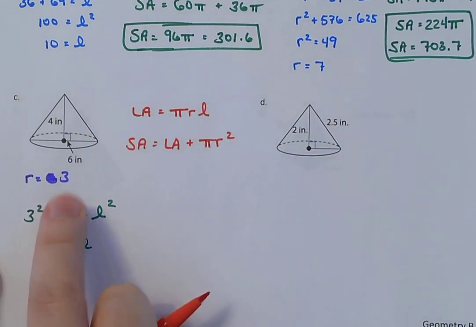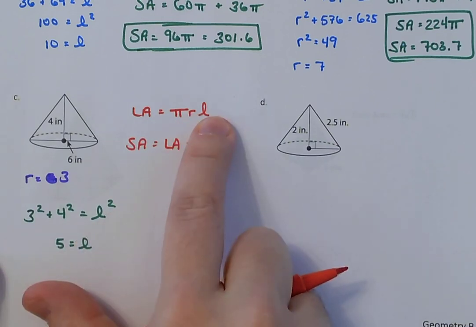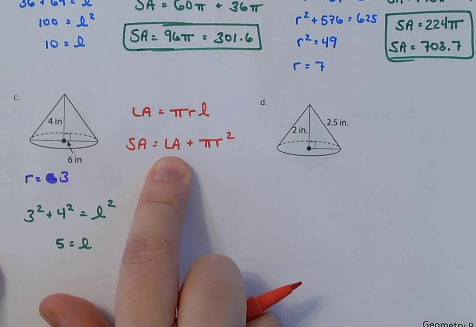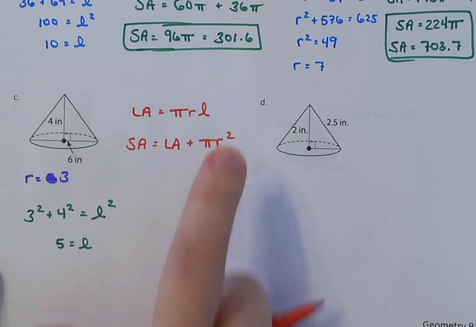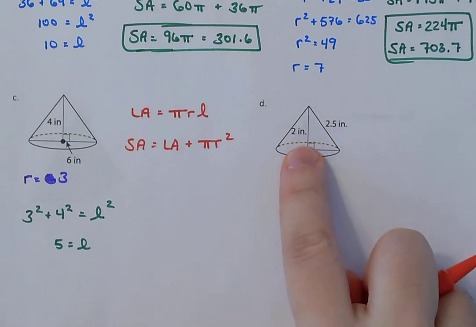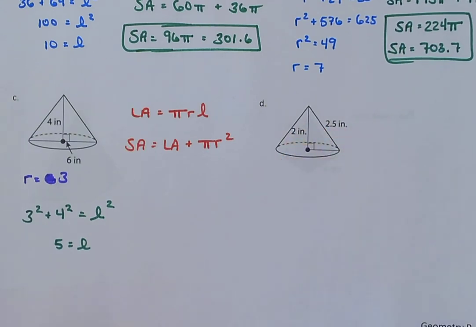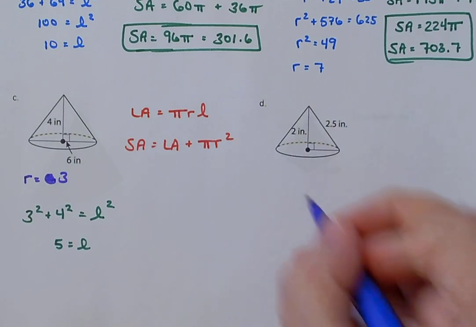We know our radius to be 3. We know the slant height to be 5 using the Pythagorean theorem. We know r and L. That will tell us our lateral area. And we know our radius for pi r squared. Now, same thing for D. So they tell us the height of the cone is 2, and the slant height is 2.5.